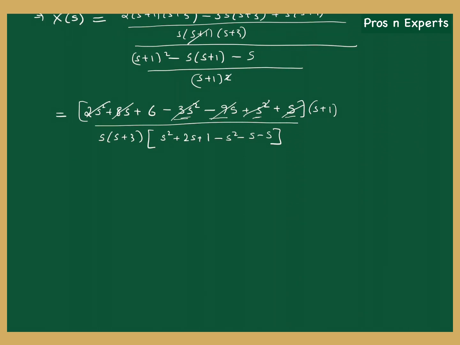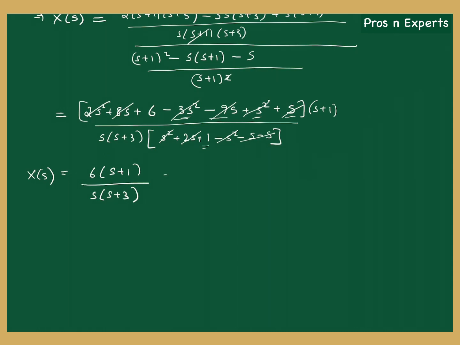So in the numerator it is 6 into (s plus 1) divided by, in the denominator we can see s square minus s square gets cancelled, 2s minus 2s cancelled, so 1 is left. So 1 into (s plus 3). So this is x of s. X of s equal to 6 into (s plus 1) by s into (s plus 3).